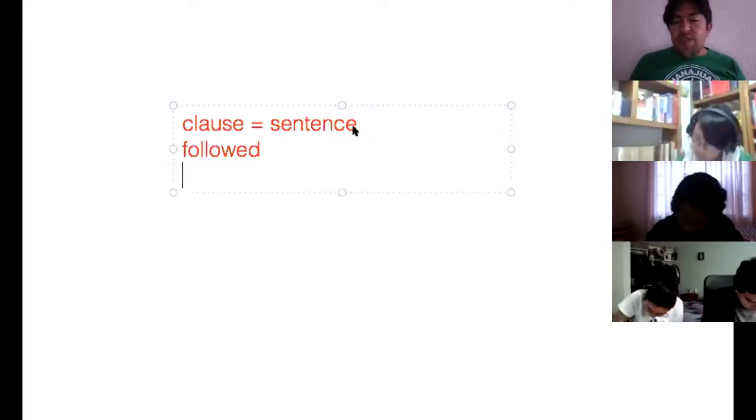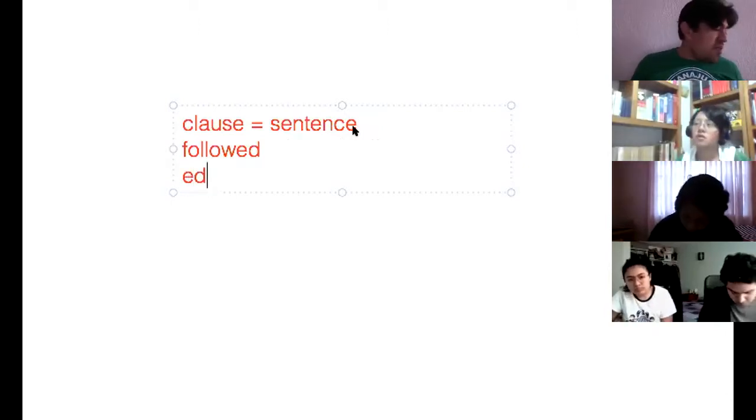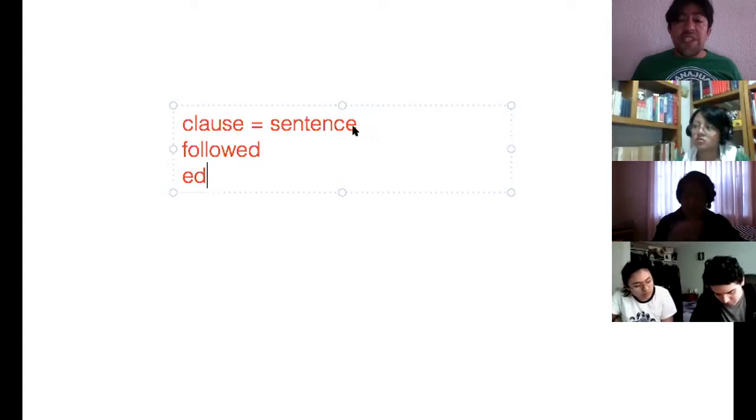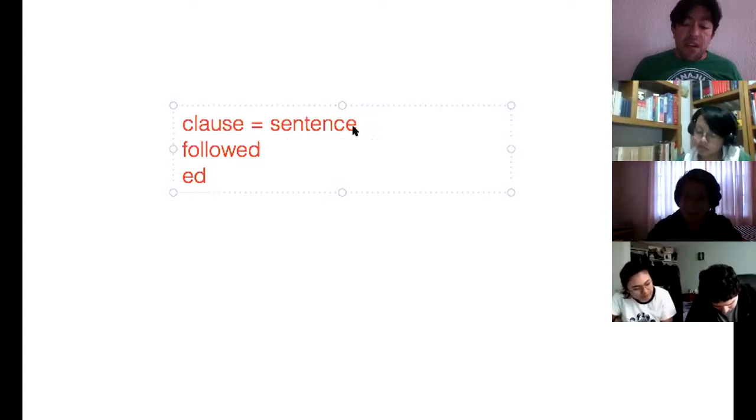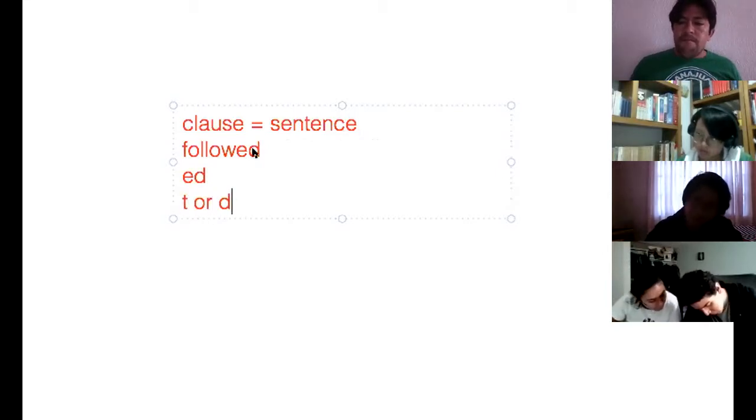When do we pronounce the ed at the end of a verb, Monse? When do we say followed? Which letter does it finish with? For example, we only have two options.